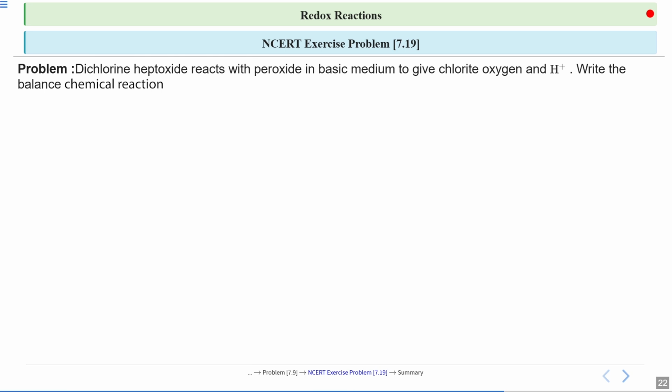So here the problem is dichlorine heptoxide reacts with peroxide in basic medium to give chloride, oxygen and H positive. So write the balanced chemical reaction for the given.